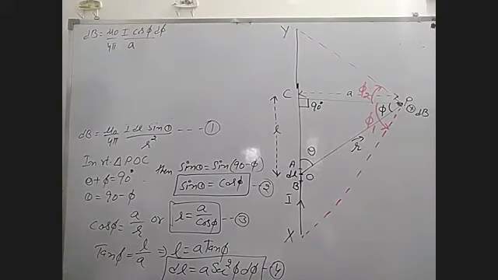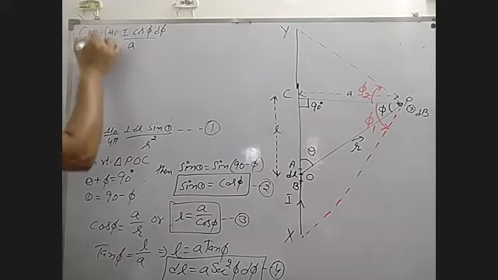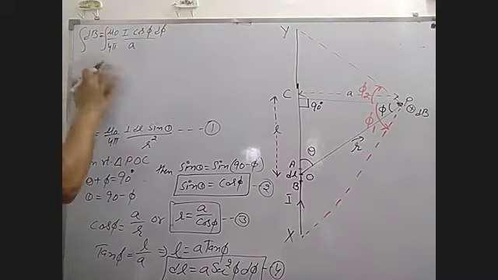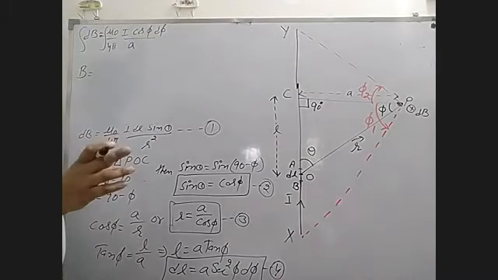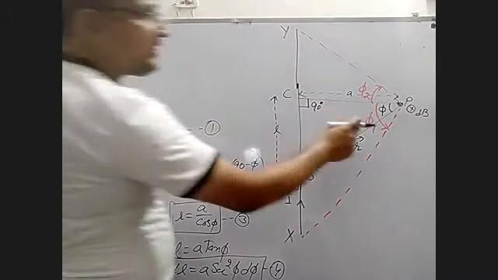Now, if we want to take value of B, then take its integration. Then this dB becomes B. But limit of what? Phi. Phi limit we have to require here, and phi limit is what?